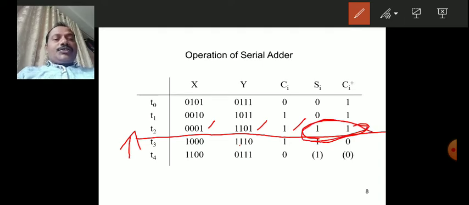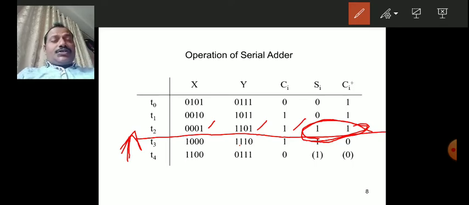Okay. Next, once they are available, the next pulse comes here. The next pulse is T3. Once T3 comes, each register's bits are shifted.